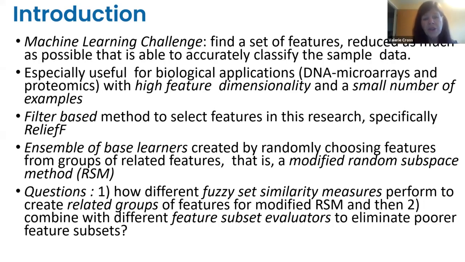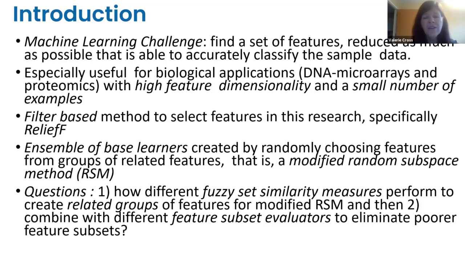The first question in our initial research was, can we use different grouping methods to group these expression levels into groups that were very similar and then randomly pick from those groups? We did that and presented that work at the International Conference on Fuzzy Systems.